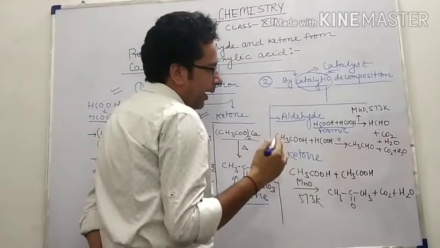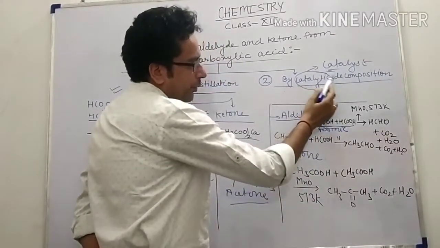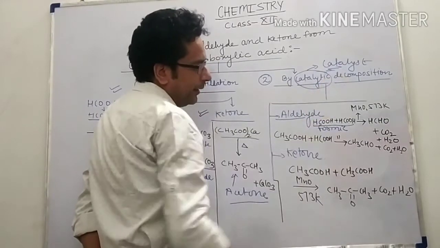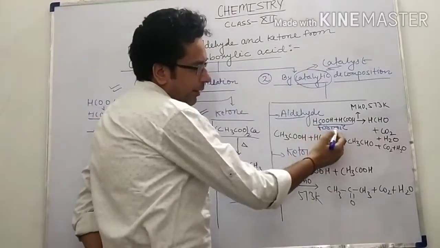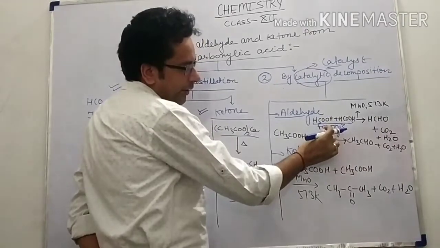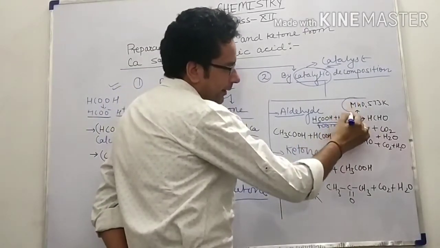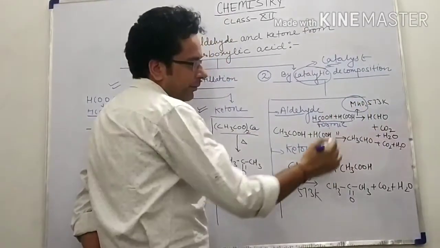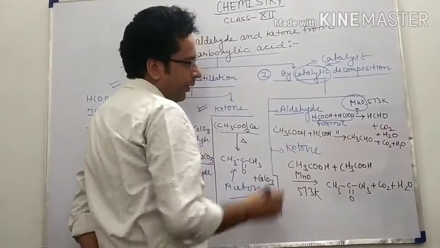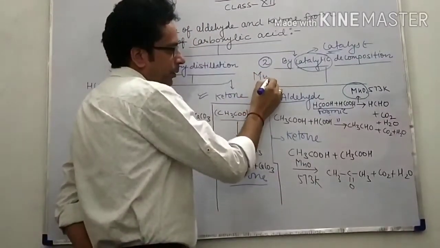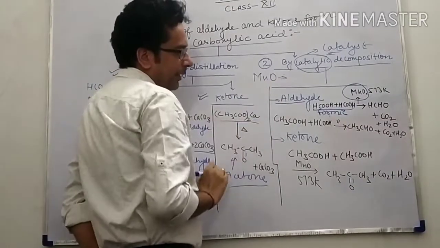As I mentioned, this reaction proceeds in the presence of a catalyst. So 2 molecules of formic acid react with each other in the presence of a catalyst, manganese oxide, MnO.